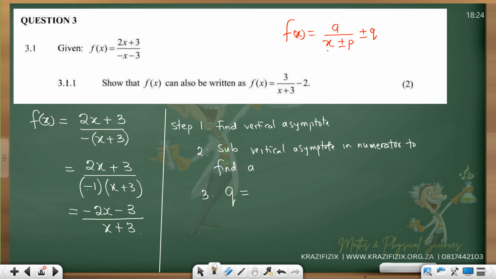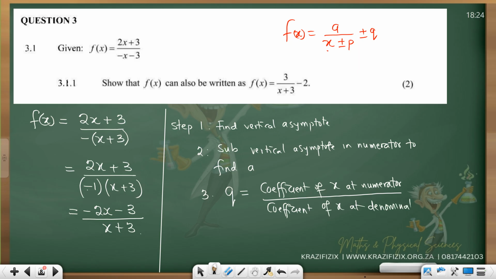Q is the coefficient of x at the numerator. I want to add something to this because I want to cover everything. Coefficient of x at the numerator over coefficient of x at the denominator. This is one way of getting this thing done.